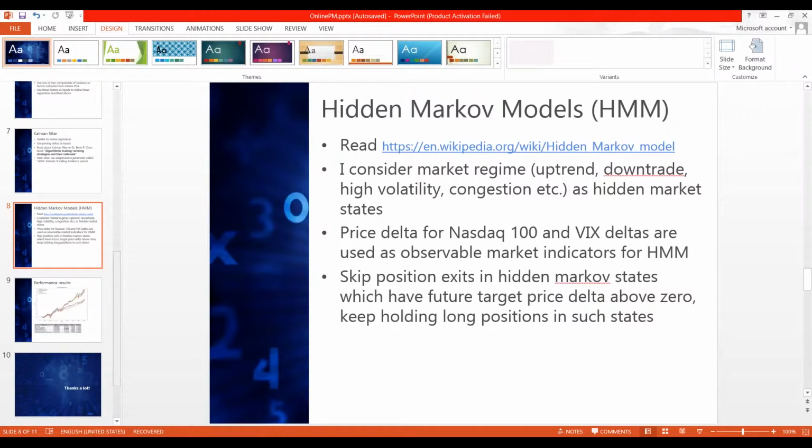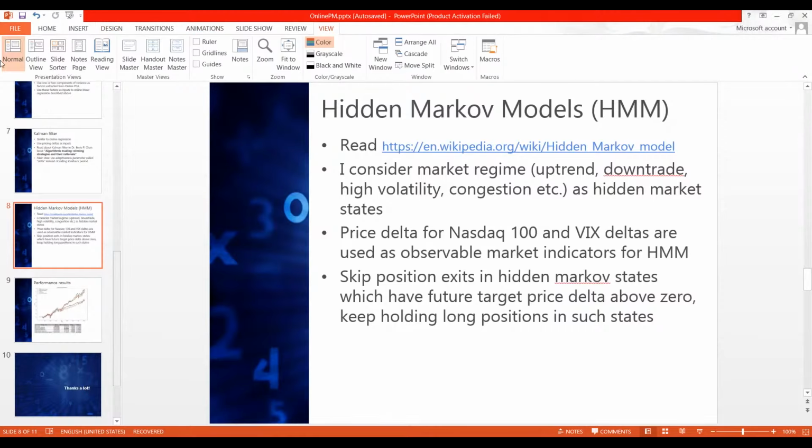So visible parameters are parameters which are extracted from the current market state. For these parameters, I use price delta for the Nasdaq 100 ETF and VIX, the volatility index, as inputs, as visible market indicators for the hidden market model.